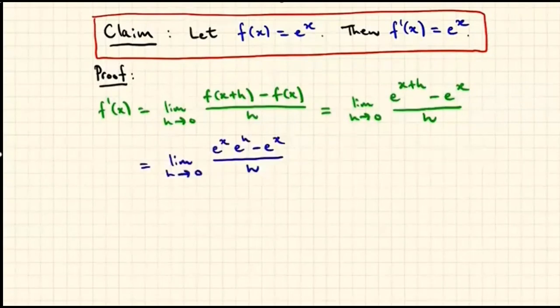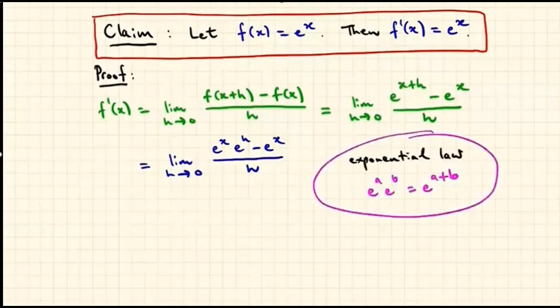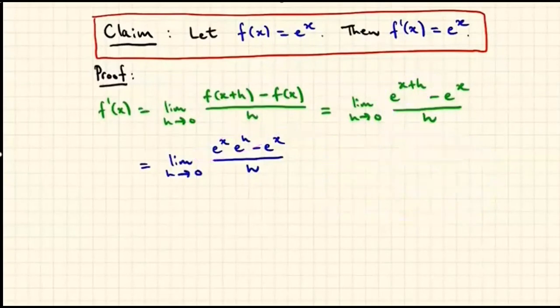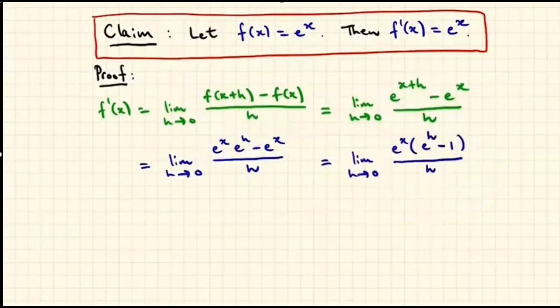But e to the x plus h can be rewritten as e to the x times e to the h by applying an exponential law. Then this new numerator factorizes as e to the x outside times e to the h minus 1.